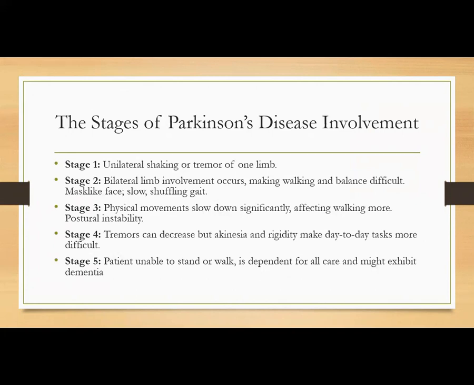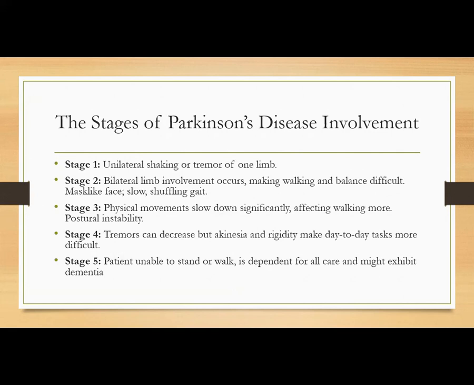So with it, there are different stages of Parkinson's disease involvement. And yes, I do want you to know these stages so that you can better design your care. Stage 1 is unilateral shaking or tremor of one limb. So that's usually just one arm. Stage 2 is bilateral limb involvement, making walking and balance difficult, mask-like face, slow shuffling gait.